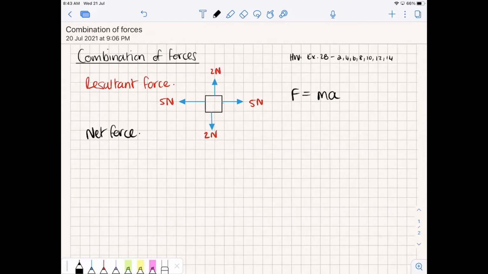If we take the example that I've just given you, if we say that an object is in equilibrium, equilibrium, that's a mouthful, what can you tell me about its net force, Keanu?